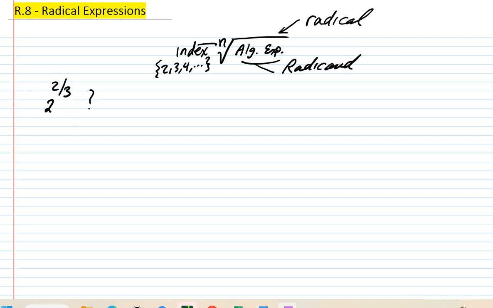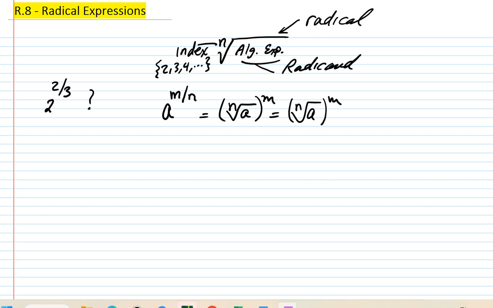In order to do this, we need to look at the relationship between fractional exponents and radicals. The relationship in general is stated in this form. If you have any number a to a rational exponent m over n, we can write this as the nth root of a to the m power, or the nth root of a, the whole thing to the mth power.